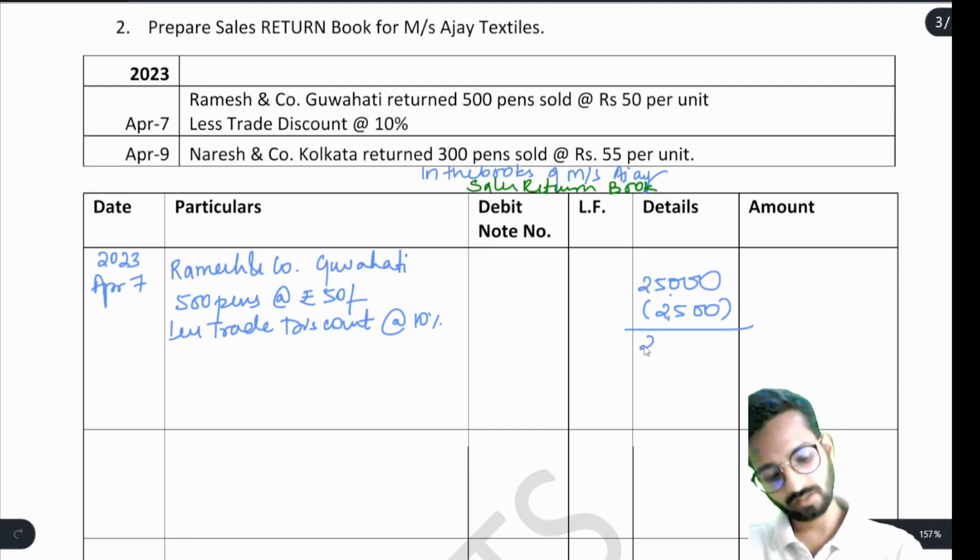So it will be coming as 22,500. Amount will come 22,500. Simple.